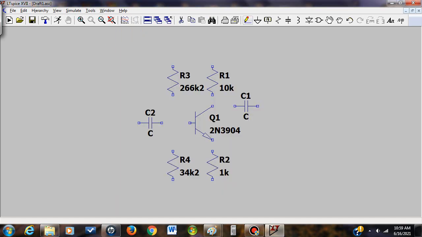Alright, so I need to wire this up. Connect this here. We also have to place a ground down here.